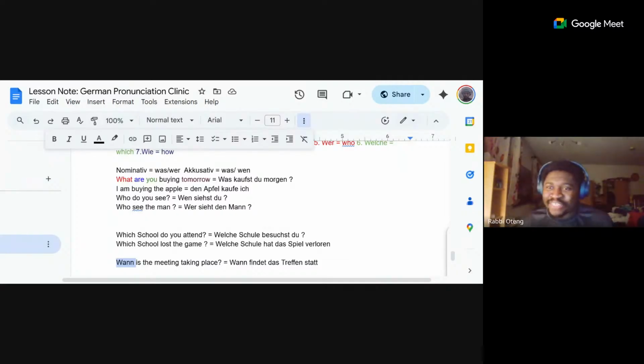But with wann and warum, they are not taking any case. So here, the taking place comes after the meeting, which means the meeting is the subject. When you say wo kommst du her, where do you come from, you are the subject. Wann, wer, wo, they don't follow any case.